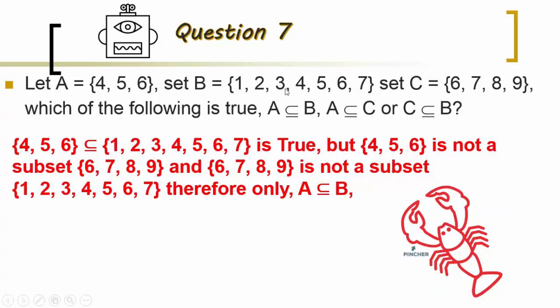So therefore, the only one that's true is A is a subset of B, and the others are not true.